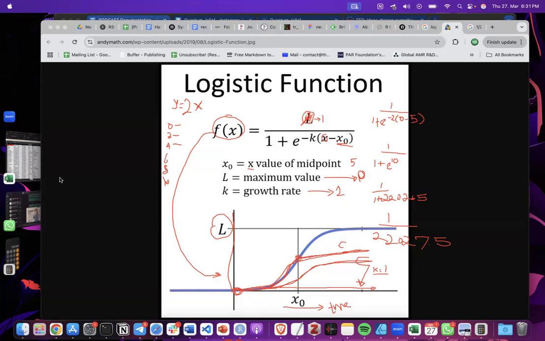Anyways, that's just trying to put some context to all of the shenanigans of this equation. But I hope you understand, and it helps you to appreciate how mathematics can contribute to biology.